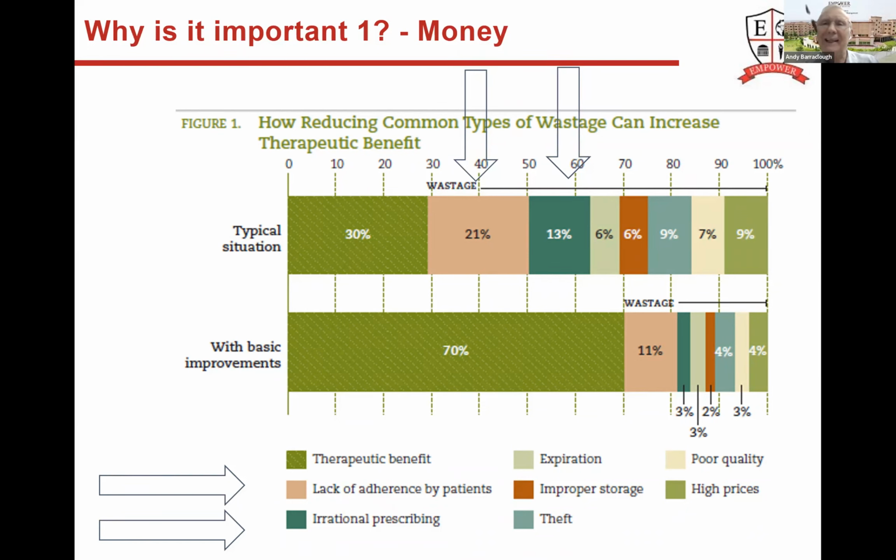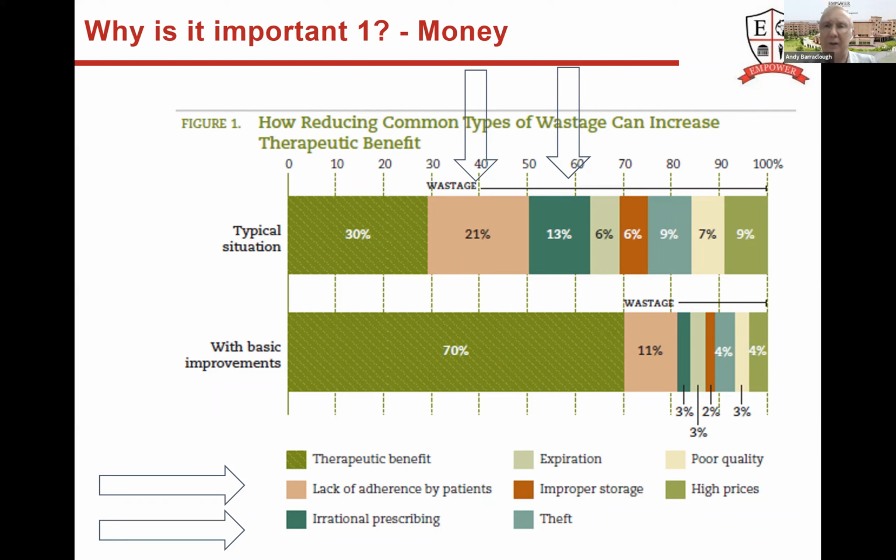But with just a little basic management, we can turn the situation around from 30% benefit with 70% wastage to 70% benefit and 30% wastage. To get beyond 70% benefit, we have to get really well organized and structured.